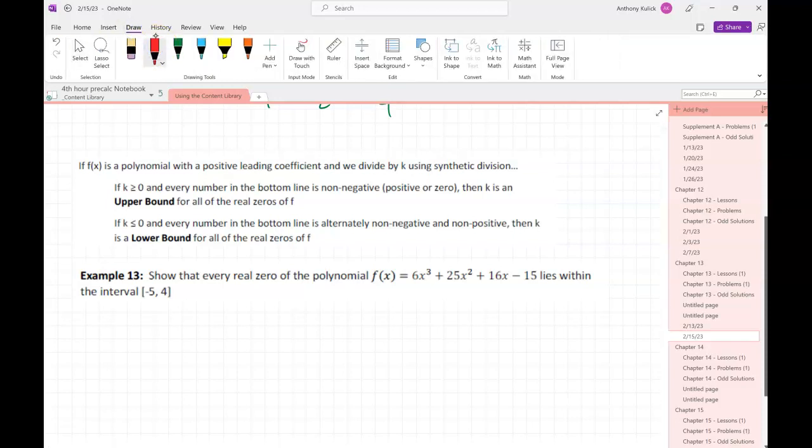It's not actually going to tell you what the zeros are, but instead of the zeros being able to be anywhere, we know that they'd have to be between -5 and 4 in this case. So what do we need to do? We need to show that -5 is a lower bound and 4 is an upper bound. Everybody's cool with that?